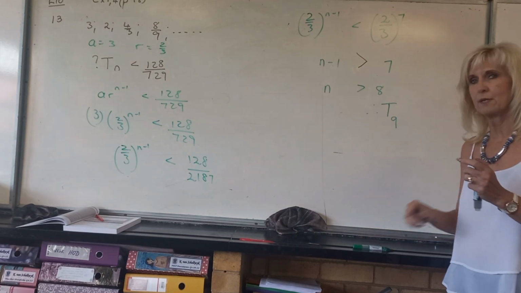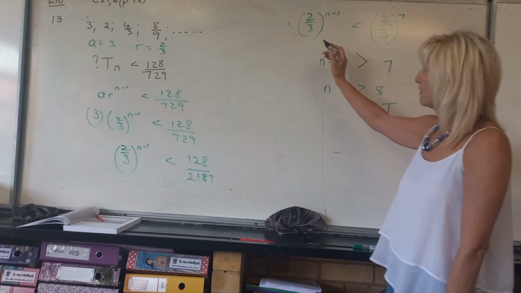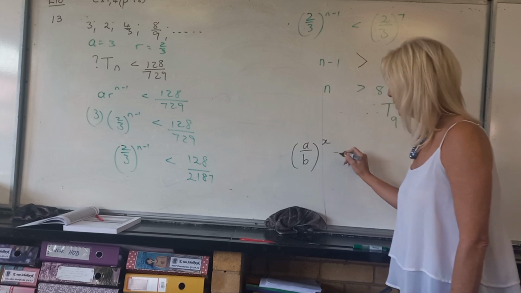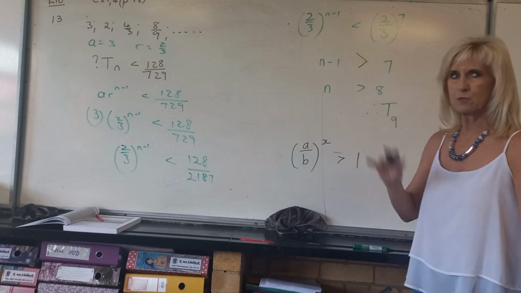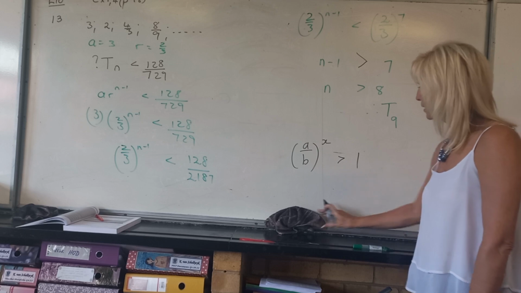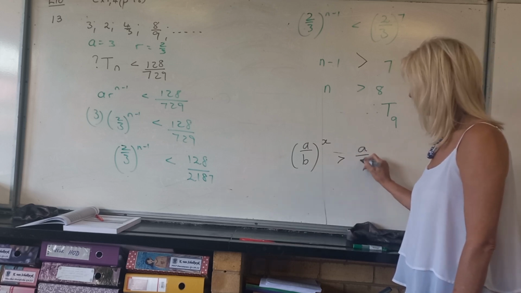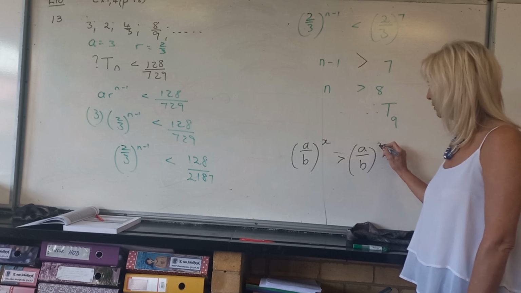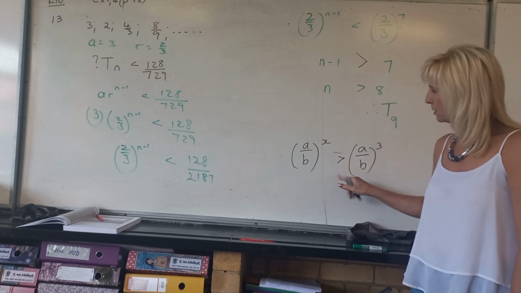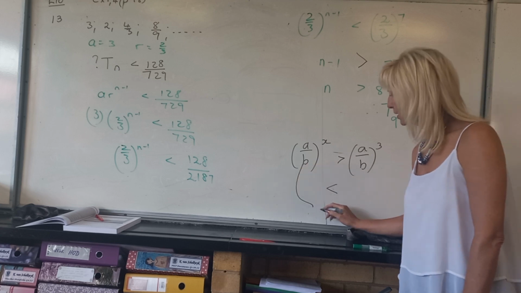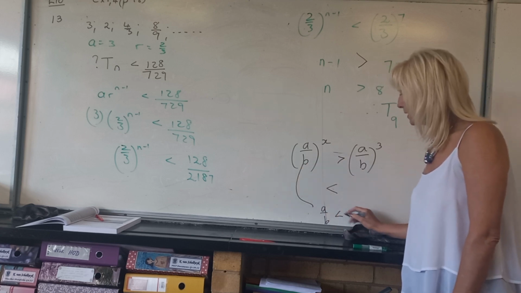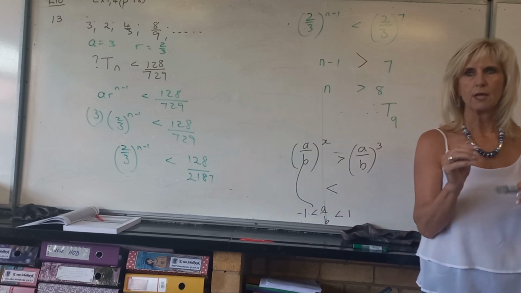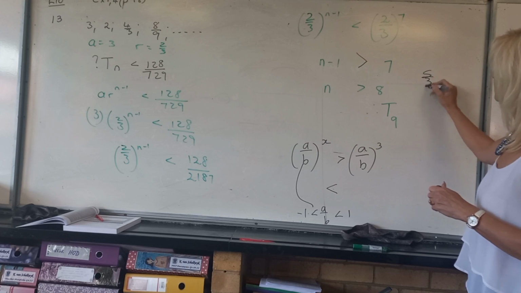But now listen to the reasoning behind it. So if there's a fraction to any exponent there, and a bigger than and a smaller than sign, this will turn around if this is a fraction between 1 and minus 1. So saying the fraction is not quite true, because this is also a fraction.